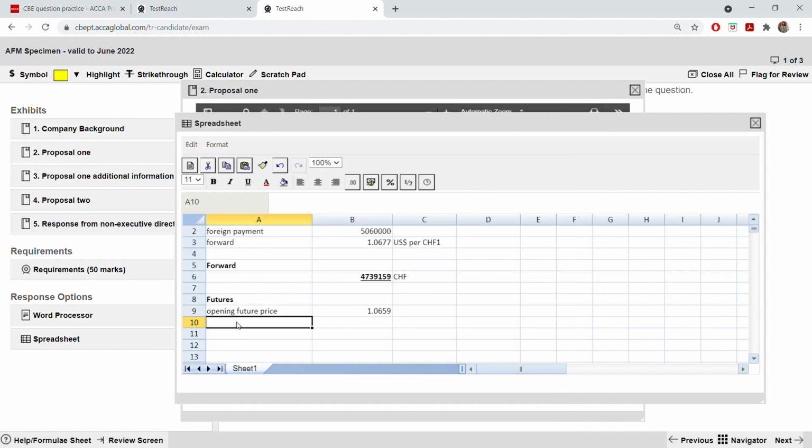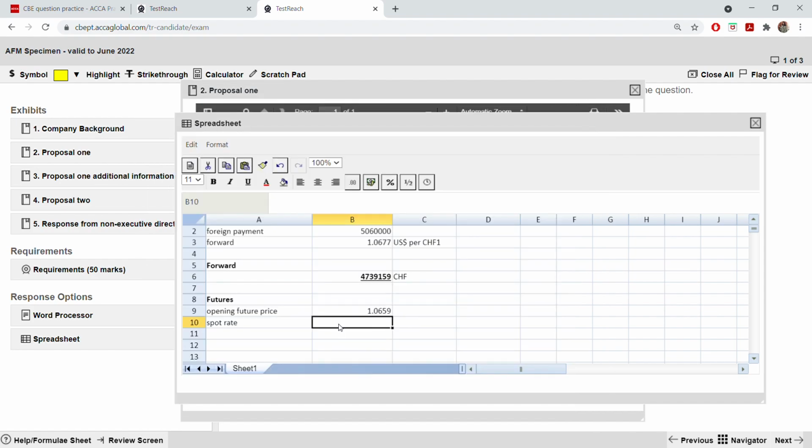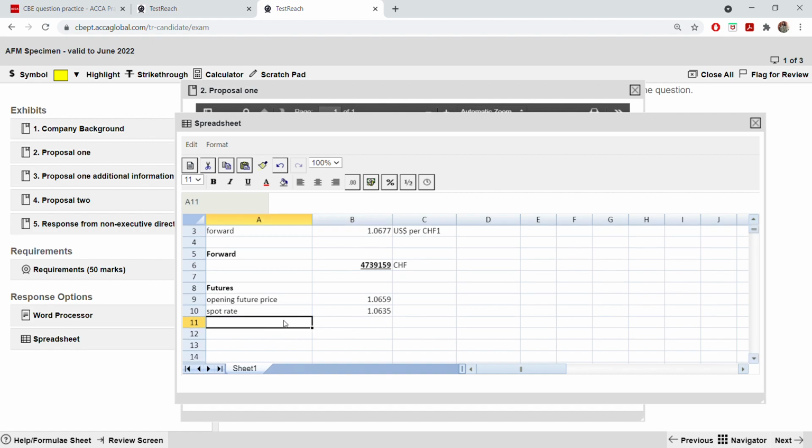And you need the spot rate. What is the spot rate? It is given here itself, 1.0635. You need to double click, otherwise it will not type. Okay, and what is the difference? For how many months? You want to hedge for 4 months, but you are taking a 6 month expiry.